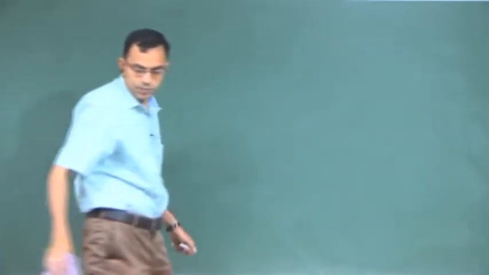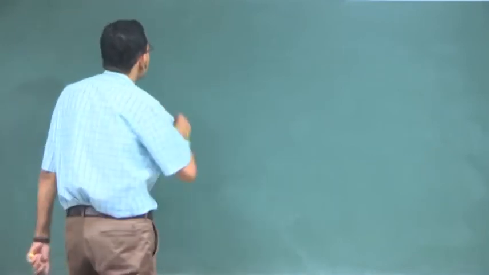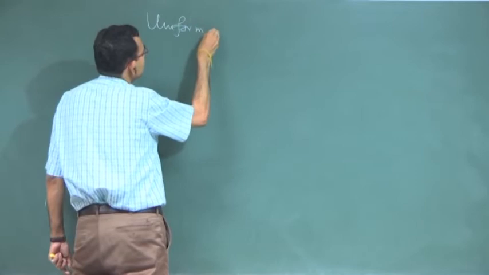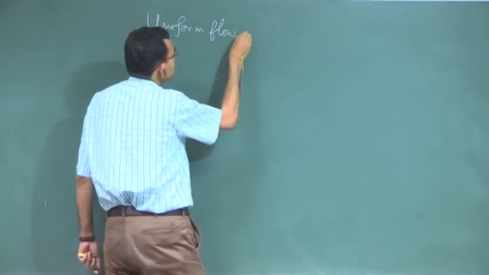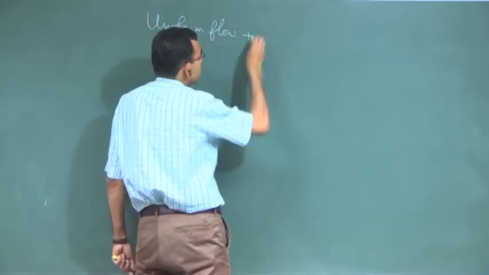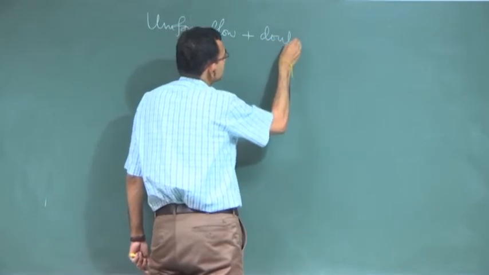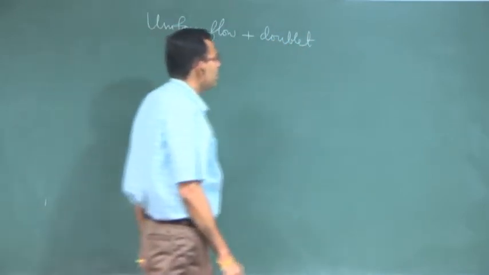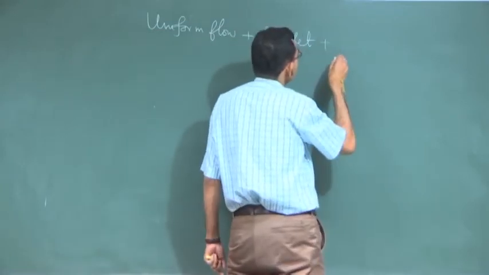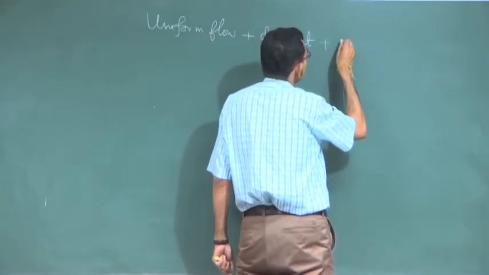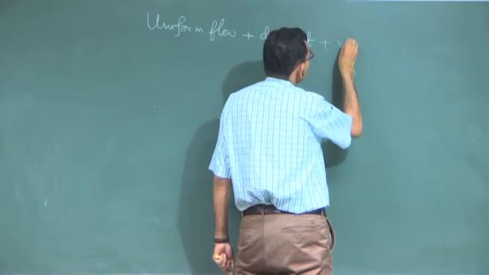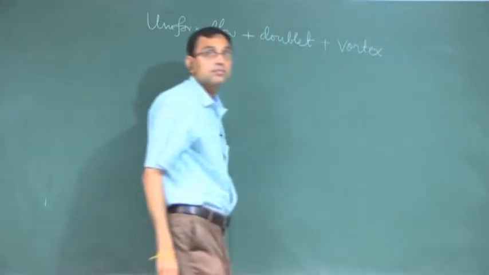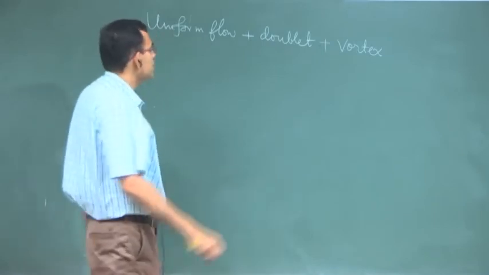What is the superposition of uniform flow plus doublet plus vortex? What is this?